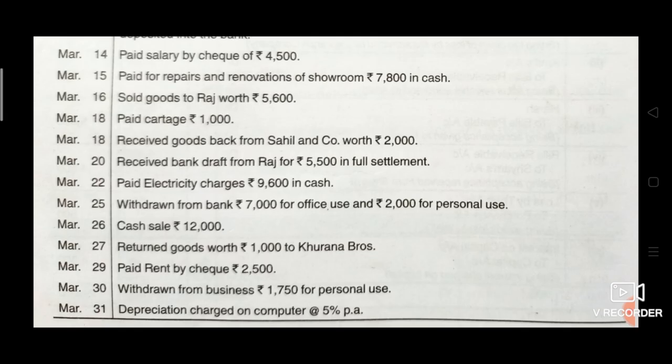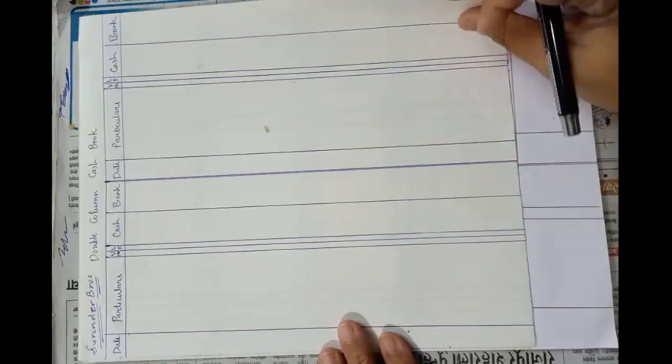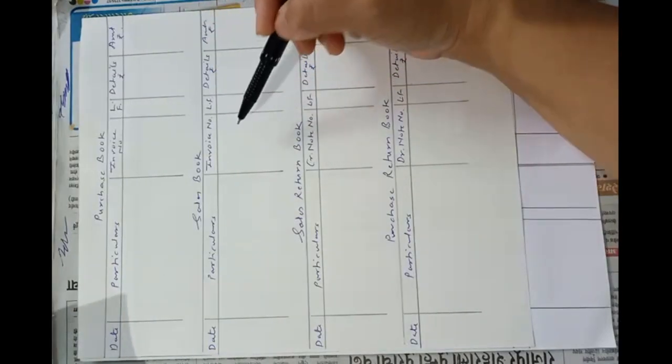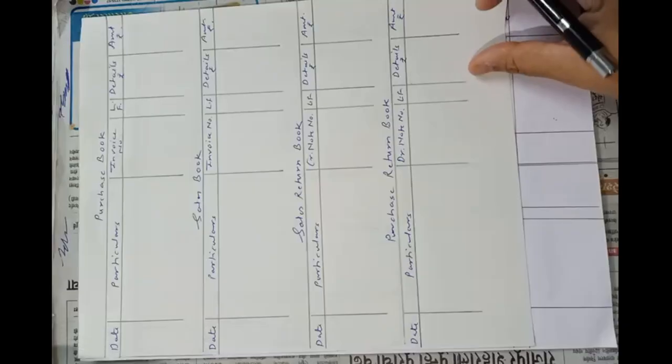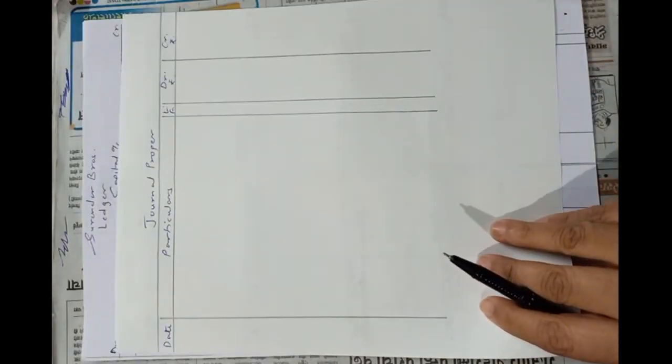so let's start now. So now we will start and prepare all subsidiary books. In the books of Surender Brothers, double column cash book, then purchase book, sales return book, purchase return book. Then here is the journal proper.